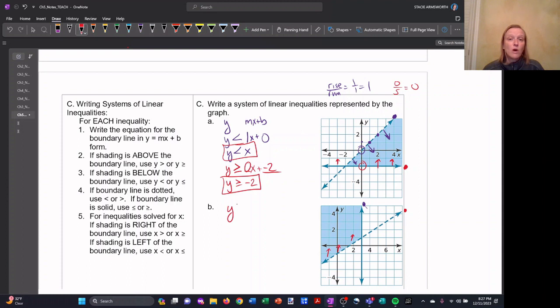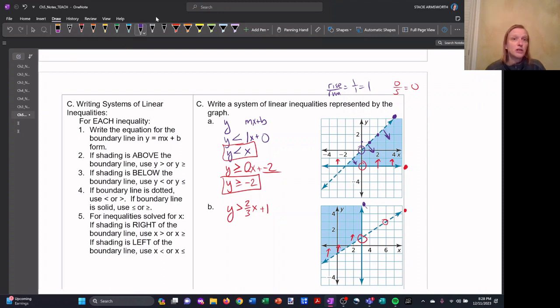Therefore, I want values of y that are greater than whatever expression I'm about to come up with, and I do not want to include an equal sign there. The equation for the line, let's see, the y-intercept is at 1. And my slope, let's see, when I go from here up to here, that's a rise of 2 and a run of 3. A rise of 2 and a run of 3. So that's my coefficient for x. Y is greater than 2/3 x plus 1.